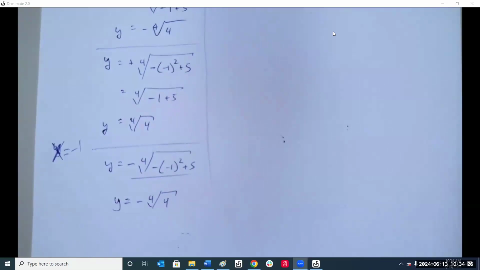And these two were for the x equals negative 1. So what do we know about these answers? Is this symmetric about the x-axis? How do you know?